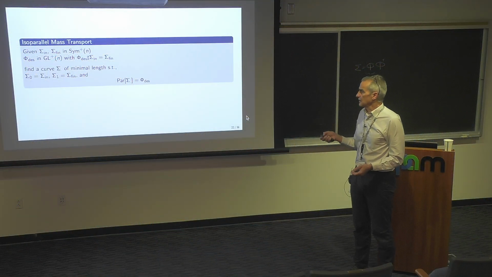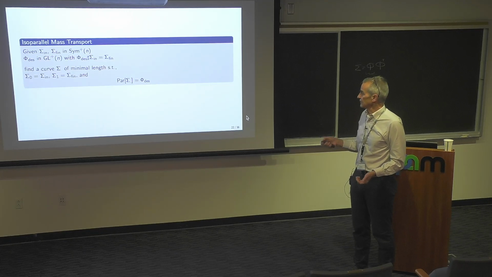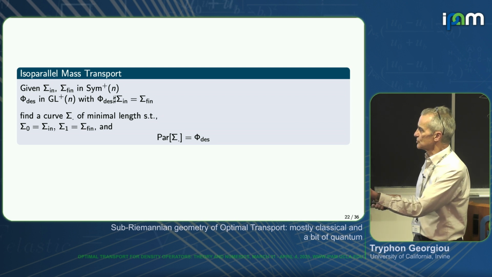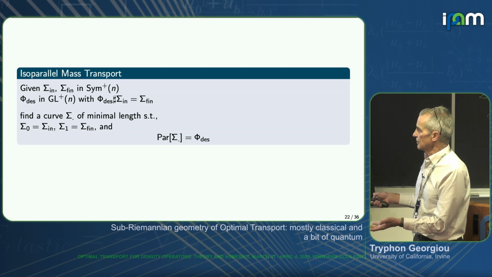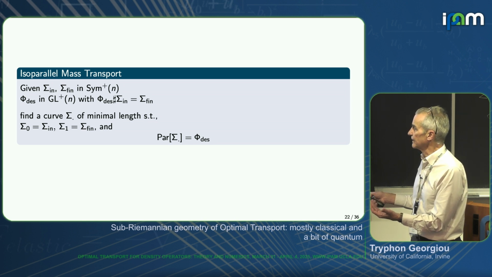So then again, you can talk about isoparallel transport. You have a beginning and an end, and you want to effect a certain transposition of particles. So this is the phi at the destination. You have to select from the phi destination such that the congruence of the initial gives you the final.